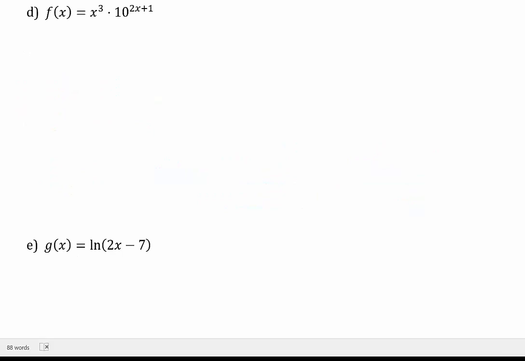In example D, we have another example of a product. So I'm going to have to use the product rule. My u will be x to the third, and v is 10 to the 2x plus 1. That means u prime is 3x squared. And to find the v prime, I'm going to have to use the chain rule on this, as well as that new derivative rule for finding derivatives of exponential functions.